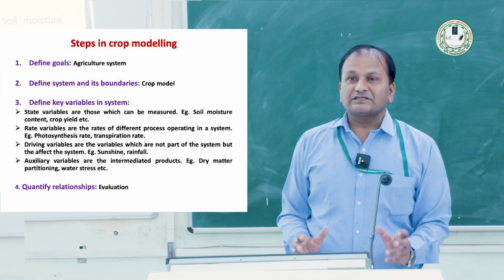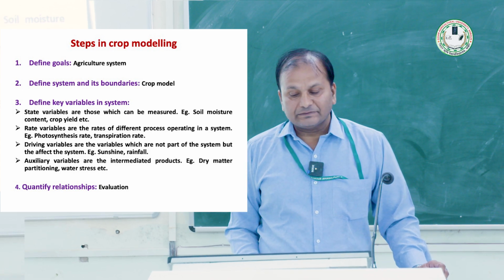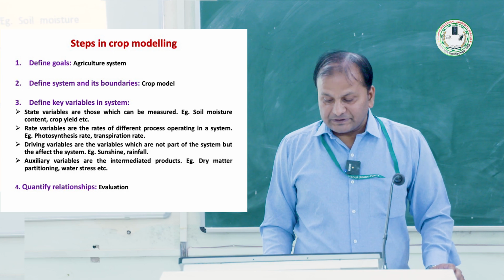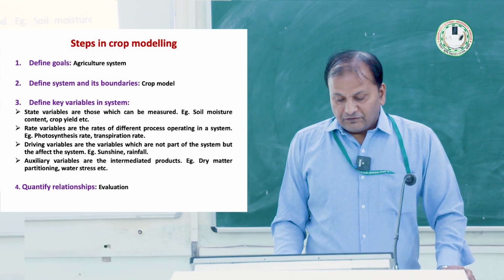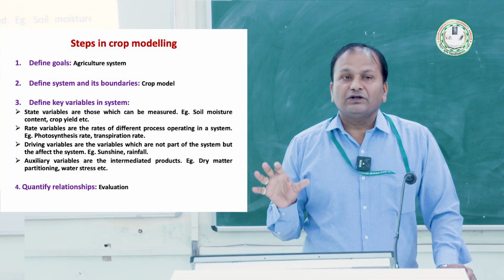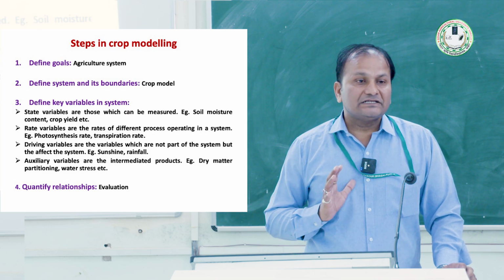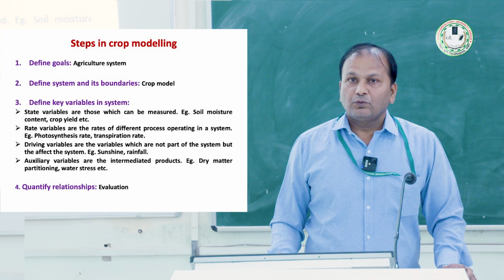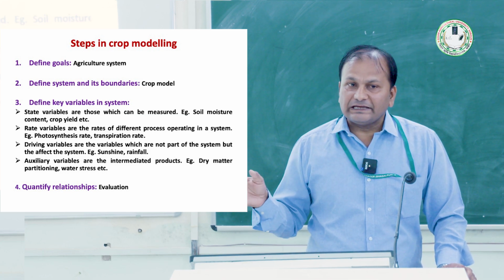So what are some steps in crop modeling? There are some steps. First is define goal, meaning what is our objective. We should define our goal, what we want, not only yield.